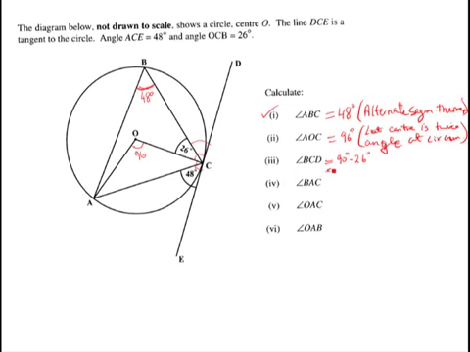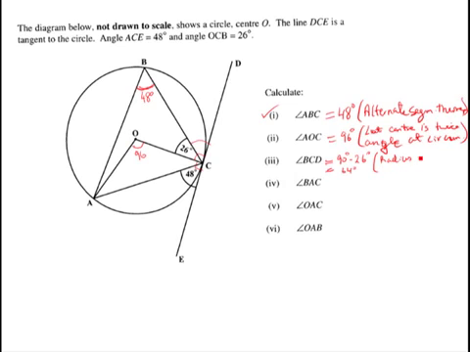From 90, take 30, that's 60, and add on 4, that's 64 degrees. And the reason for that is radius meets tangent.